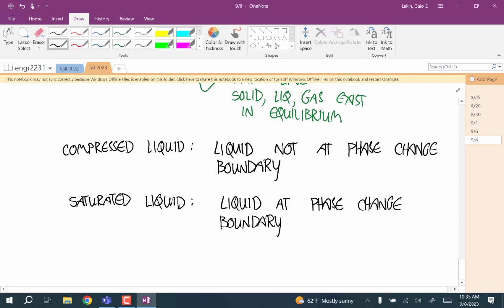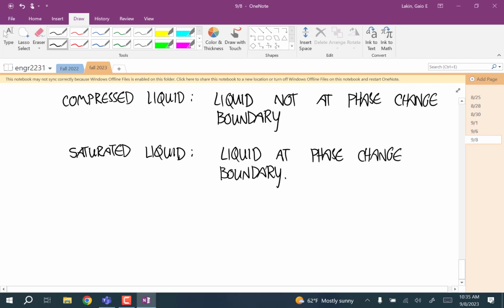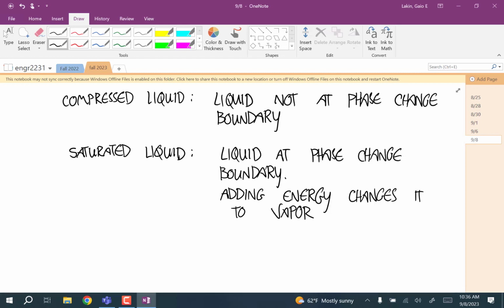And what that means is adding energy to a saturated liquid turns it into a vapor, whereas if you add energy to a compressed liquid, you just raise the temperature of the liquid.